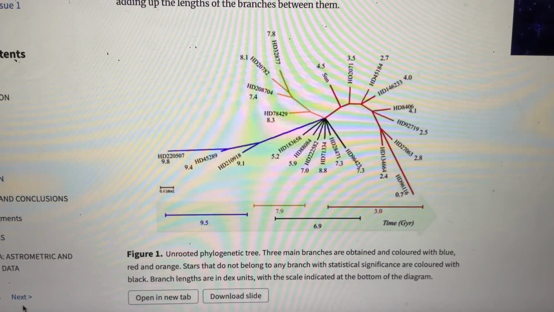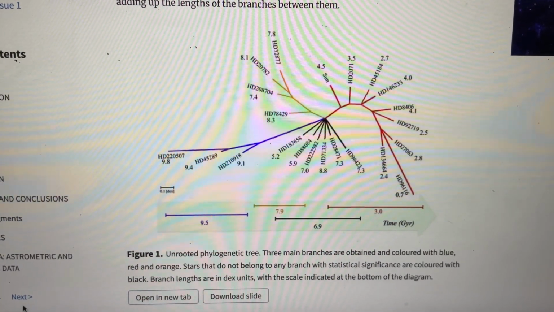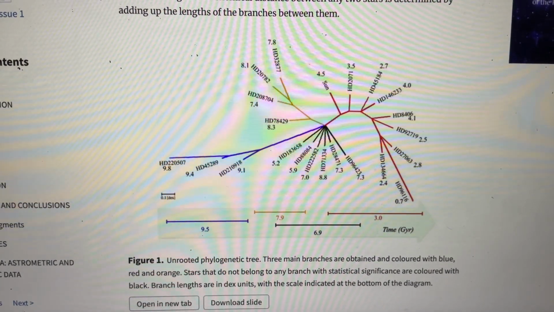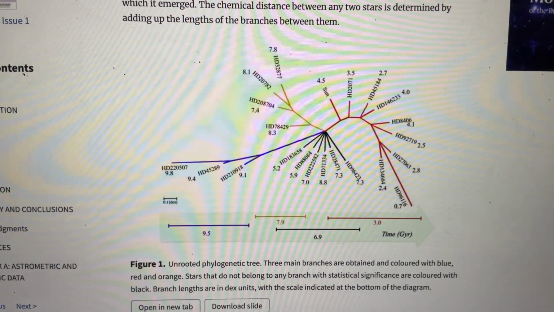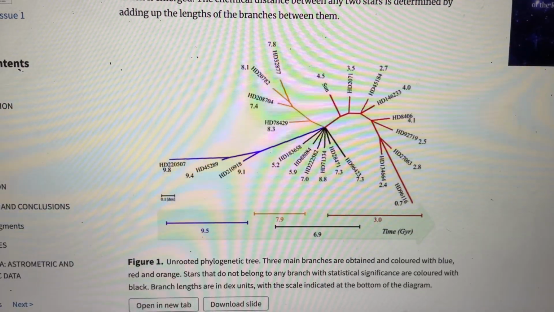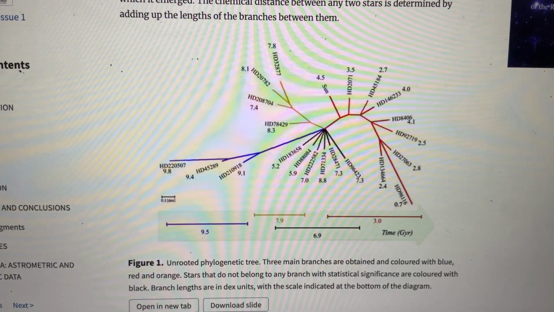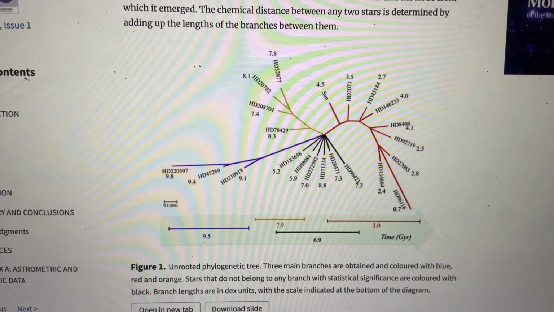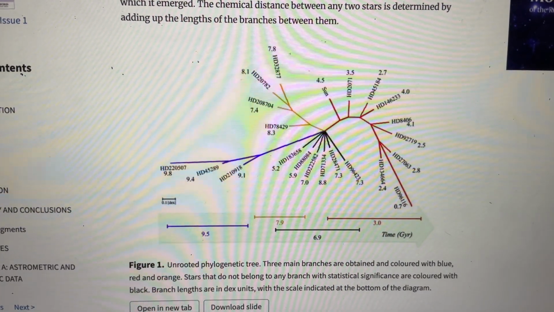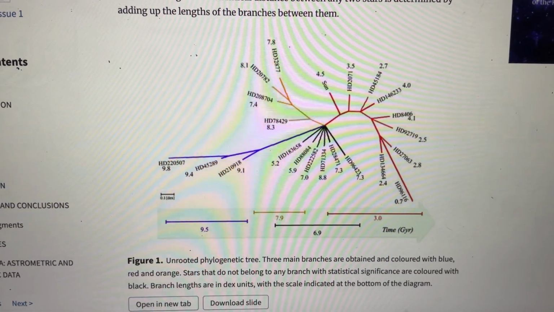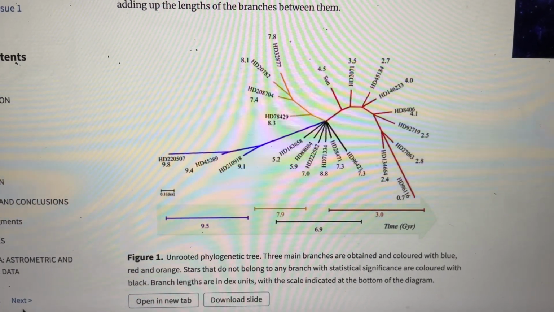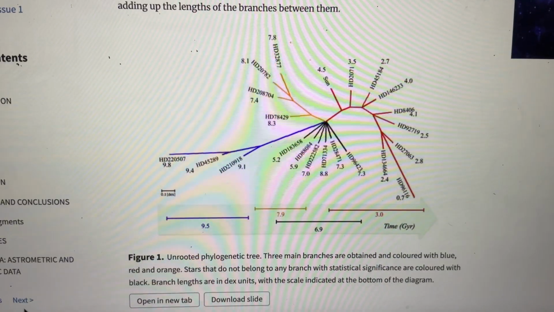And we can see that because obviously they're the same color, and there are, let's see, 1, 2, 3, 4, 5, 6, 7, 8, 9. There's about 8 or 9 branch points there in which they spin off of each other, and you can see differences in the distances.